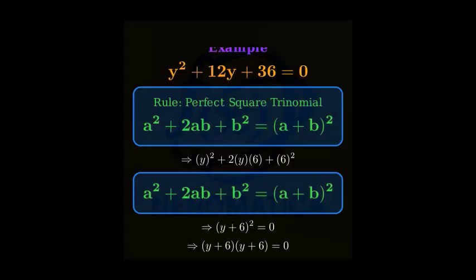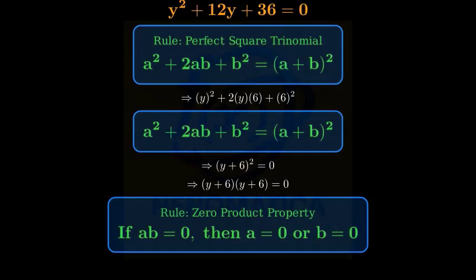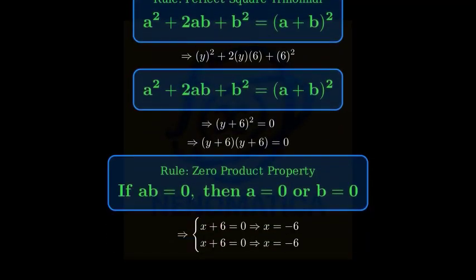This is to help us solve for the value of y. Now, we can use the zero product property. When a product of factors equals 0, then at least one of the factors must be 0. Applying this property to our equation, we get y plus 6 equals 0, which means y equals negative 6. And since we have the same factor twice, we get the same solution twice.